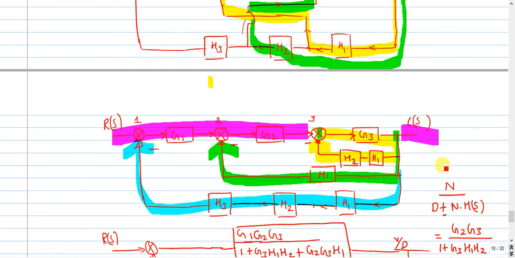So this part you should understand, that a given block diagram can be rewritten, and don't expect the same question. Similarly, we have to shift summing point or takeoff point to reduce. So we will discuss such kind of problem in the next class. Okay, I will wind up here.